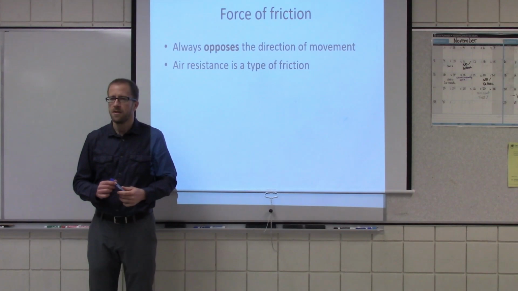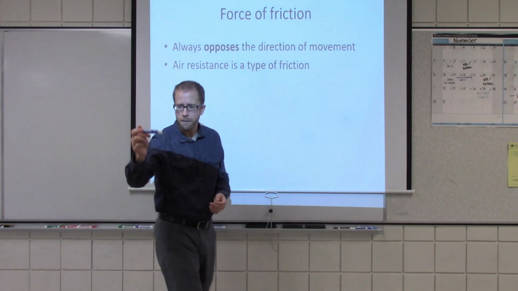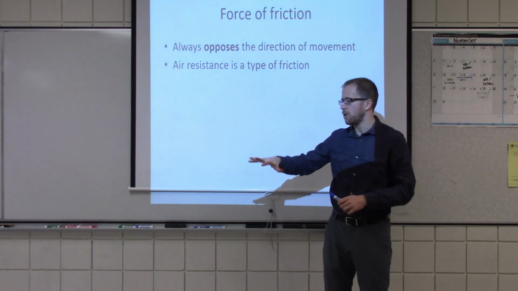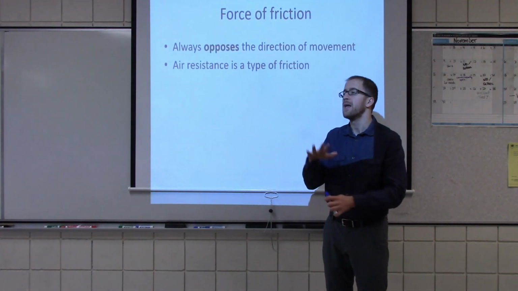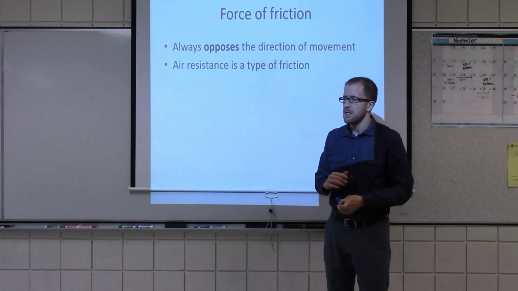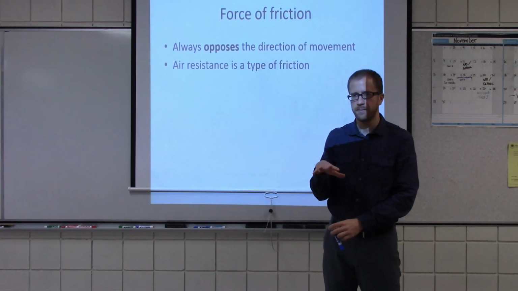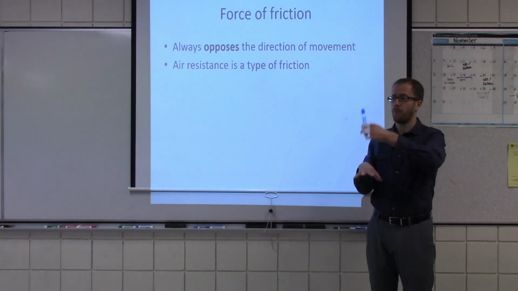Always. So if I jump out of a plane and start falling towards the Earth, I'm going to be hitting air molecules, and the more air molecules I hit and the faster I hit them, the more air resistance there is. So if I'm falling down to the earth, which way is air resistance? It always opposes motion. Yeah, it's up, right?